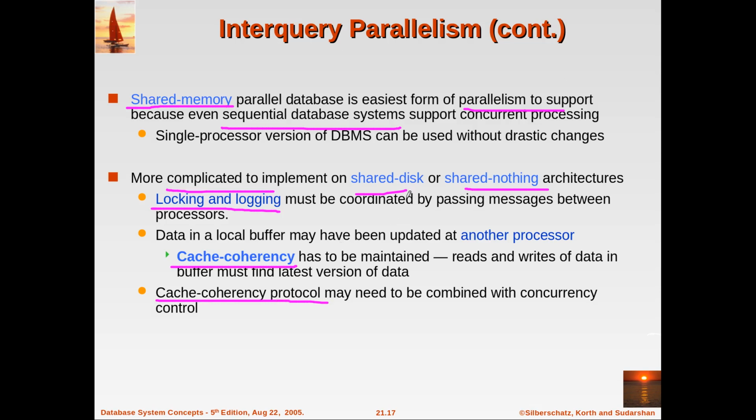So shared disk and shared nothing are the difficult architectures for parallelism, but we need to have these provisions, properties like logging, cache coherency, etc., maintained within the system.